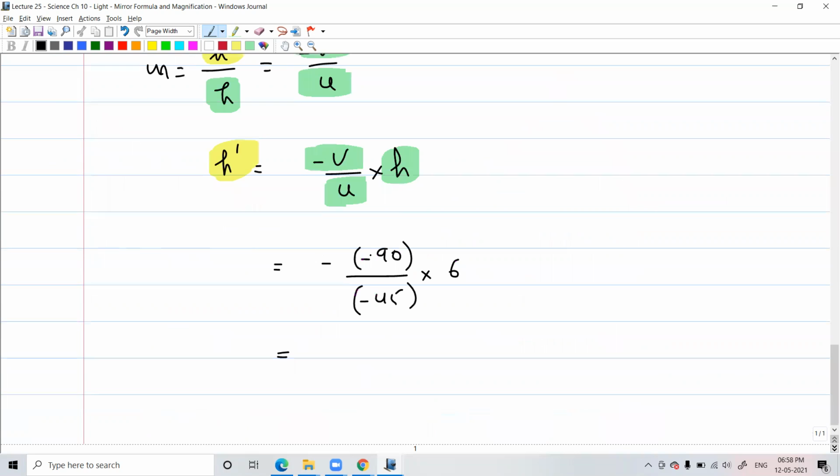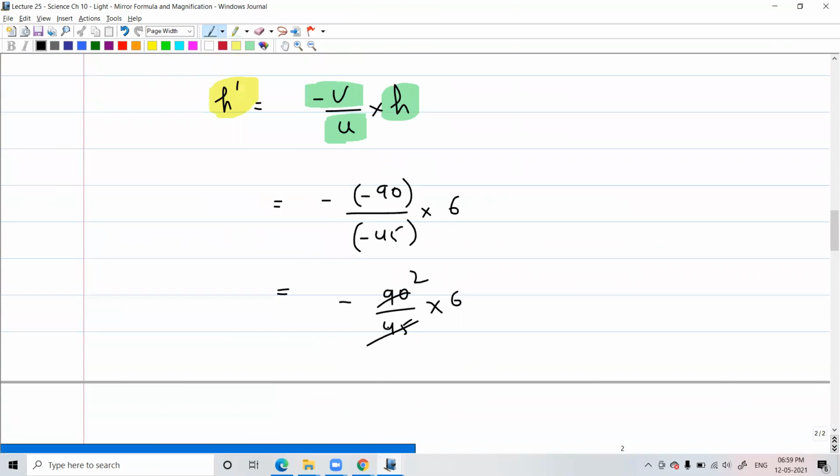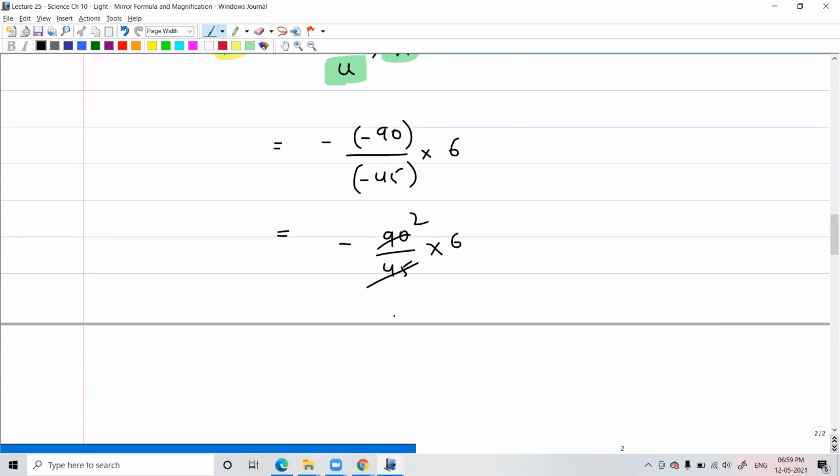So this minus and this minus will become plus, and this minus will be the odd one out. So overall it will become negative 90 by 45 into 6. So 45 twos are 90 and 6 twos will become minus 12 centimeters. Absolutely.